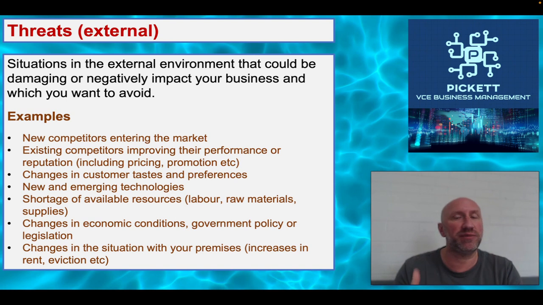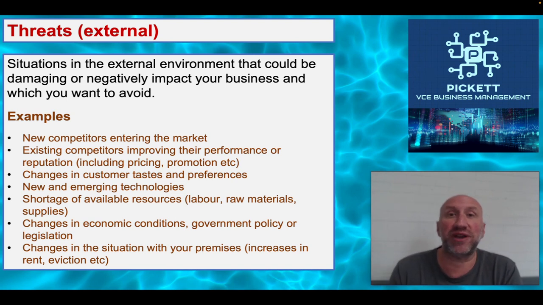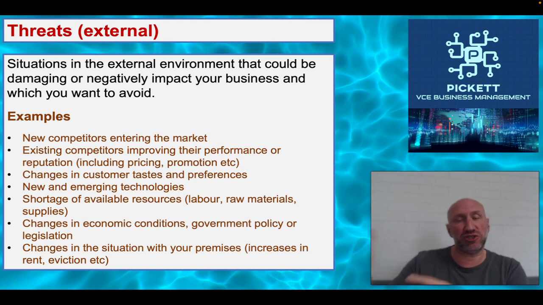When you're running a business, you want to always be aware of what's going on with the competitors. And if there are new competitors coming in, that could be a real threat to your business. Existing competitors improving their performance or their reputation. They come out with better pricing strategies than you, and they come out with better promotion strategies than you. So again, constantly look at what the competition is doing.